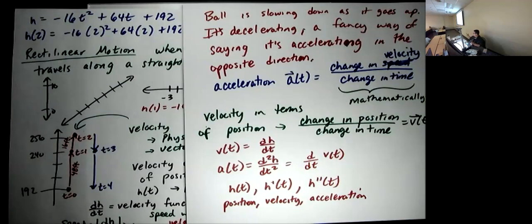Oh, we did dh dt. What's the second derivative? I'll pause and let everybody finish writing. Don, go ahead. It's negative 32, right? It's all that's left. It was negative 32t plus 64. The second derivative is negative 32, which means what about acceleration? It's constant. Acceleration is constant.